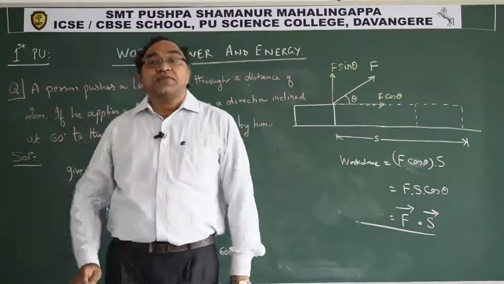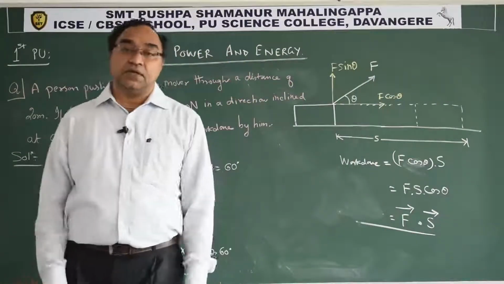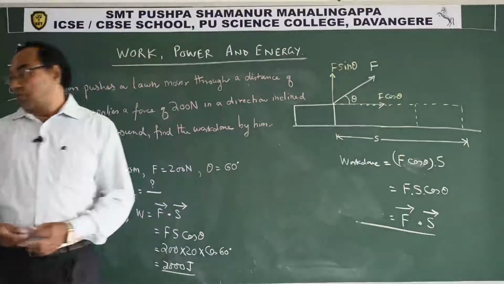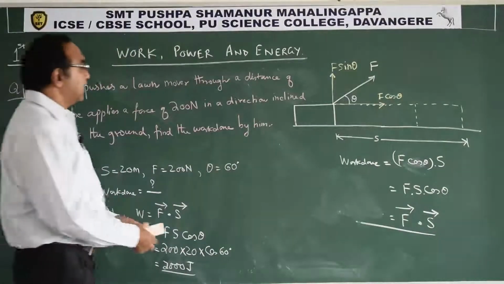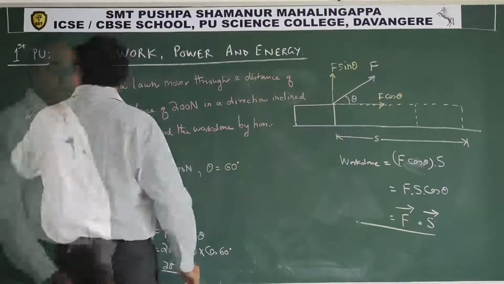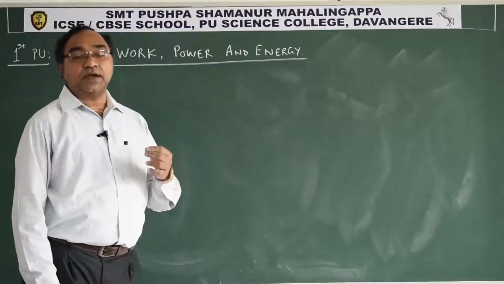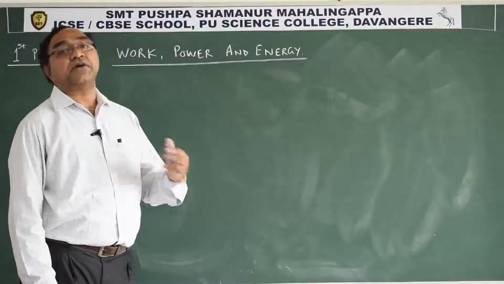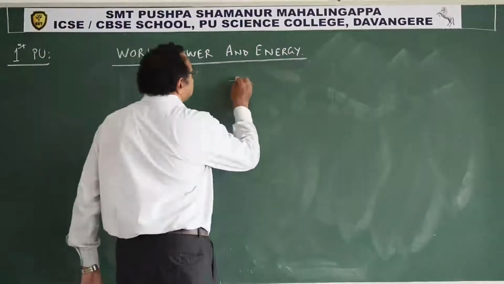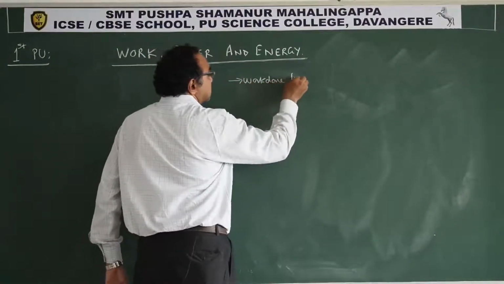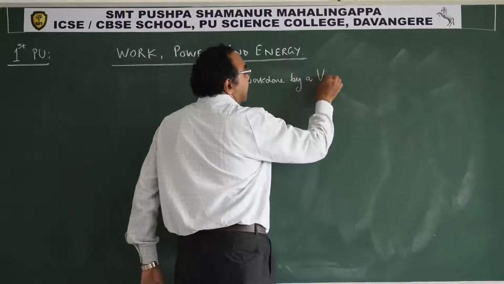Now the question arises, what happens if the force is a variable? So let us take that now. Now let us try to understand how to find work done by a variable force.